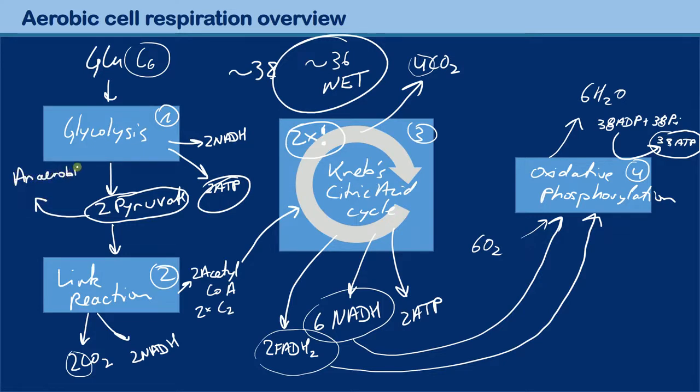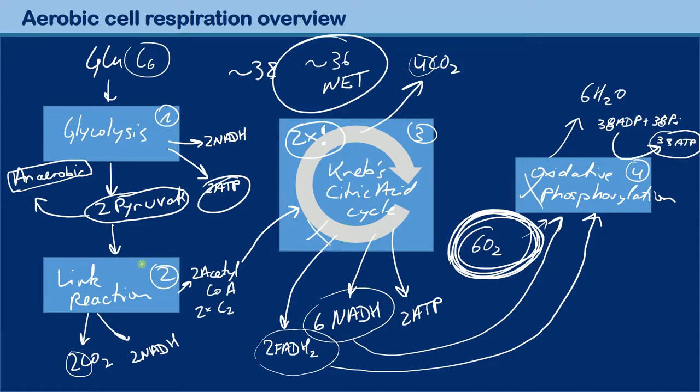Please read the standard level part where I'm fully explaining the anaerobic pathway. Okay, or watch the standard level videos. Okay, because over here in the anaerobic pathway we don't need oxygen, but over here we do need oxygen. This is super important, because the oxygen is our final electron acceptor, and without that we cannot do oxidative phosphorylation. Without oxygen, without oxidative phosphorylation, we cannot do the Krebs cycle.